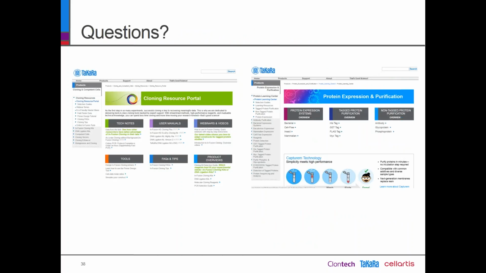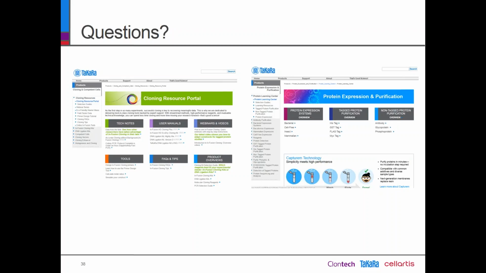We have many resources online on our website, so you can check them out. We have a special section for cloning, for In-Fusion, with lots of resources that help you design the primers and different application notes, showing you how to do multiple fragment cloning, mutagenesis, and so on.